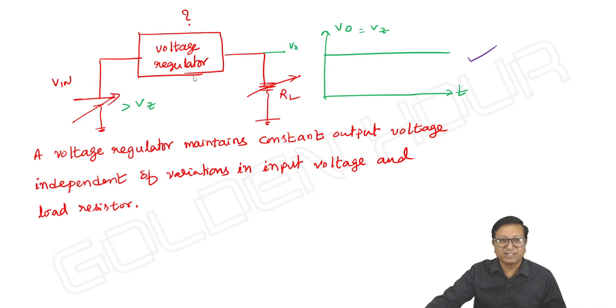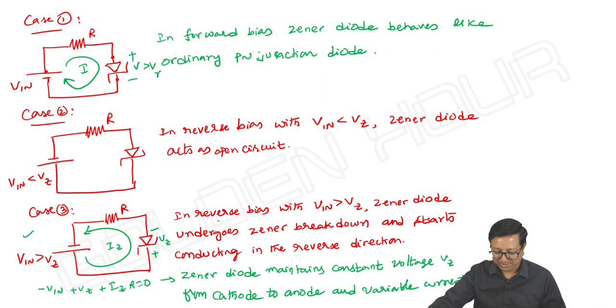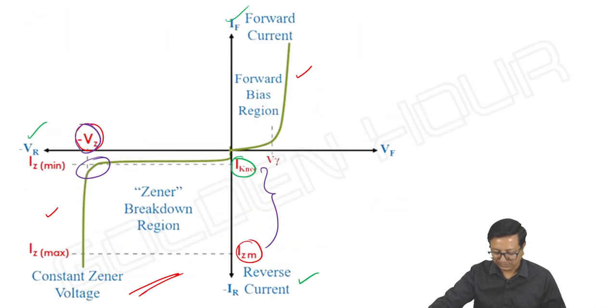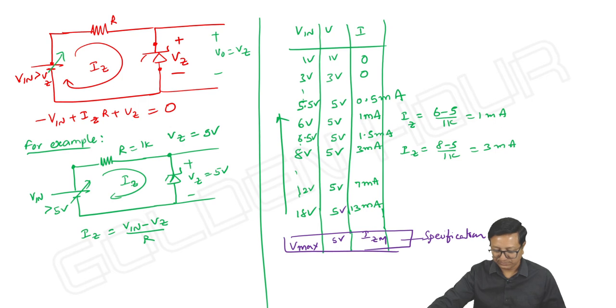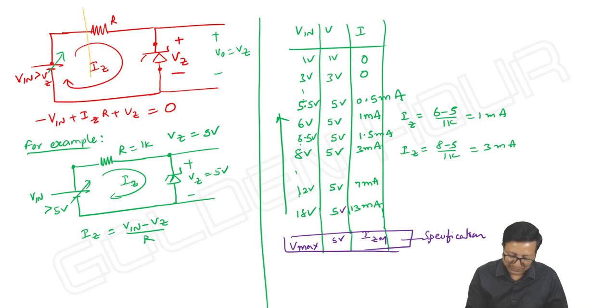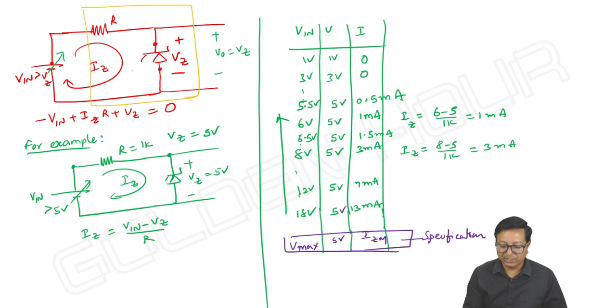Means a voltage regulator circuit. How can we show this voltage regulator circuit? If you see this particular portion, it is a variable input.